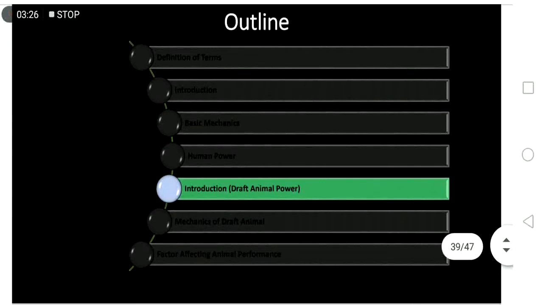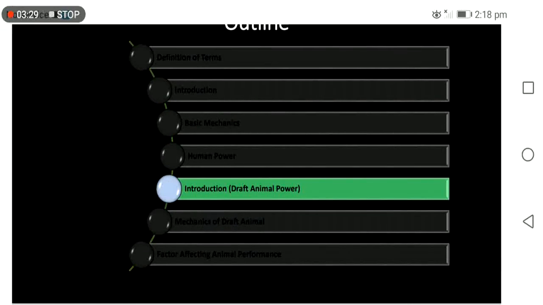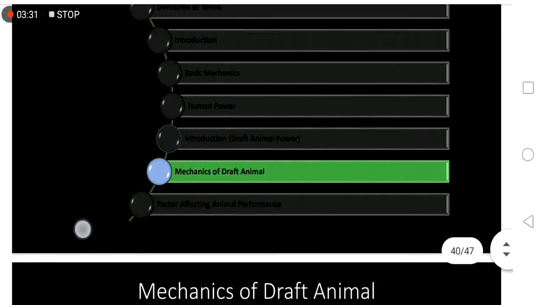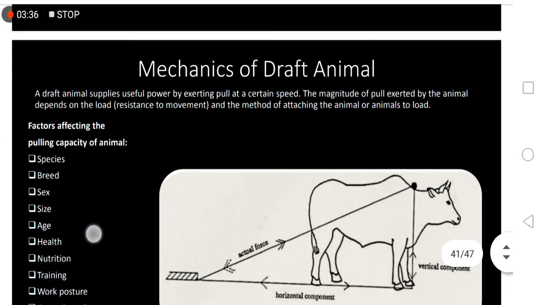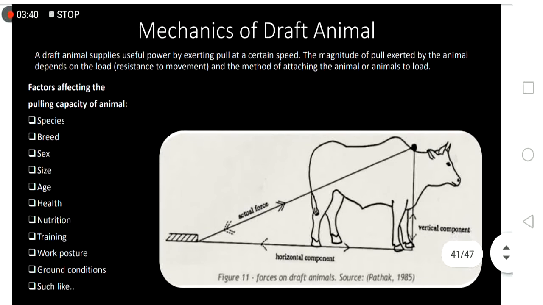So we are now done with the introduction of draft animal power. Let us now move to the mechanics of draft animals. A draft animal supplies useful power by exerting pull at a certain speed. The magnitude of pull exerted by the animal depends on the load or the resistance to movement.